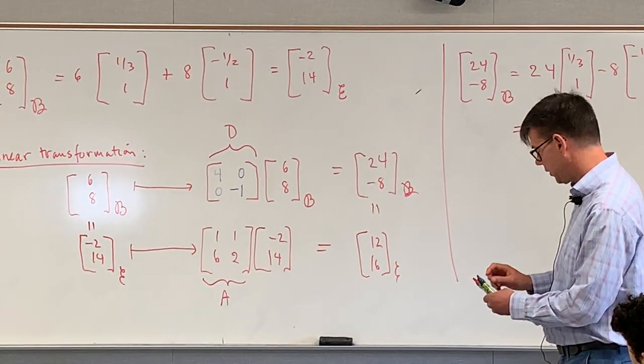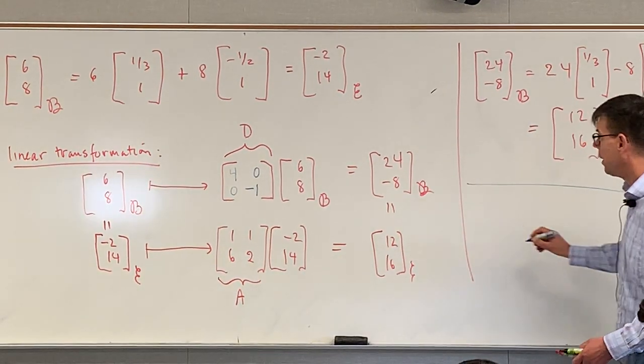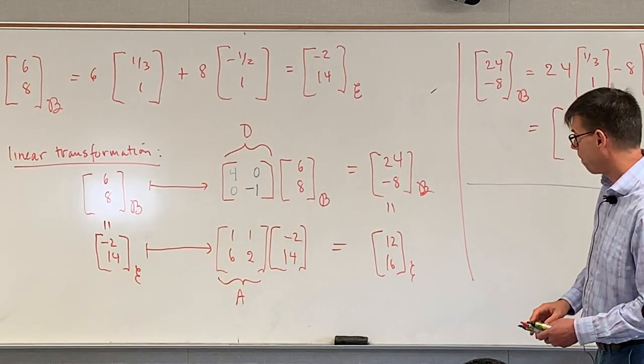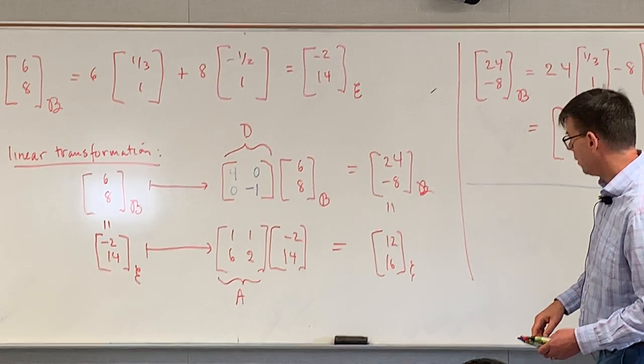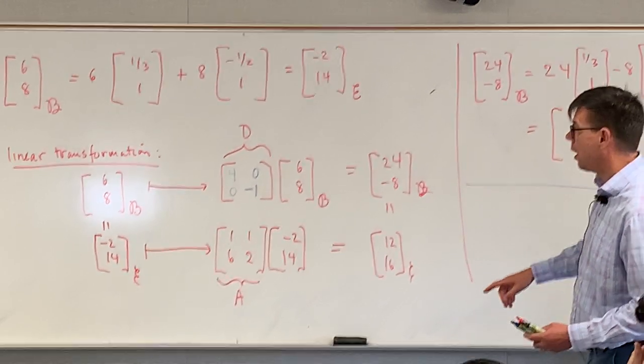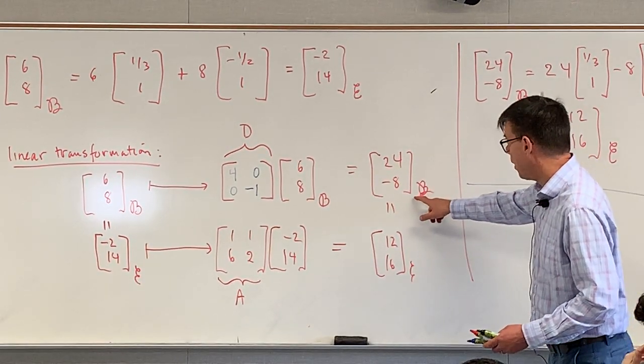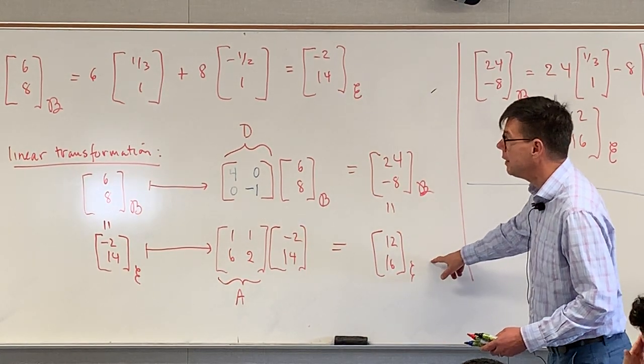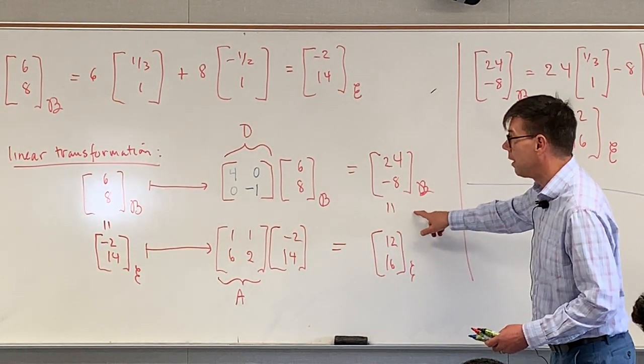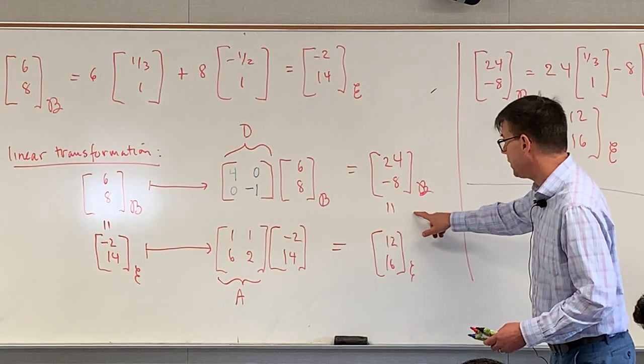Let's just write that down. I'm just referring to the diagram. So won't that be the change of coordinates from B to E, the P matrix? Yeah, changing from B to E, that should be our change of coordinate matrix.